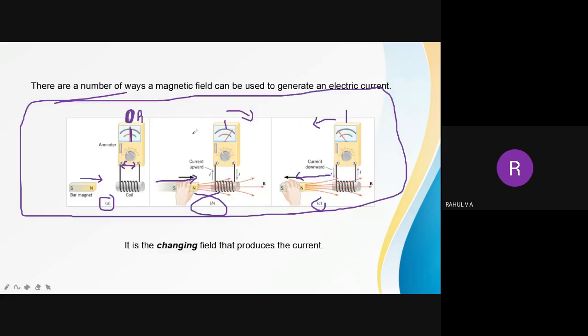Okay, so if you look at this diagram, how EMF is induced: because I am moving this magnet towards the coil and out of the coil. That is the cause of induced EMF. So how will this induced current flow? It will oppose this cause.